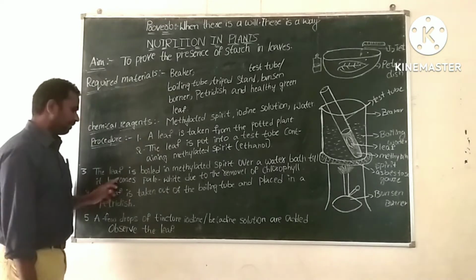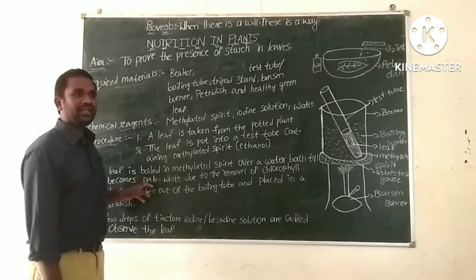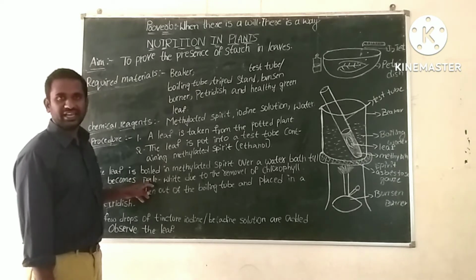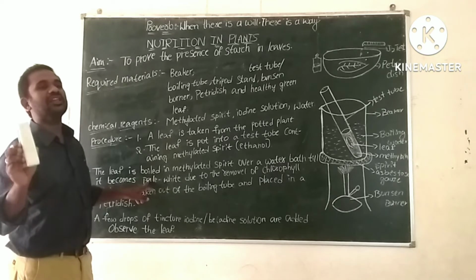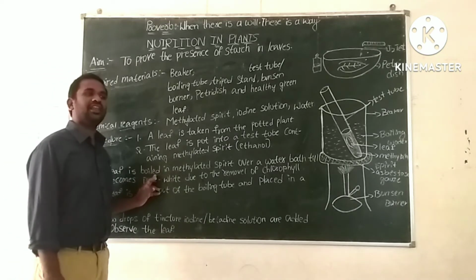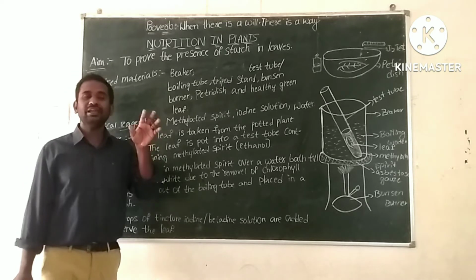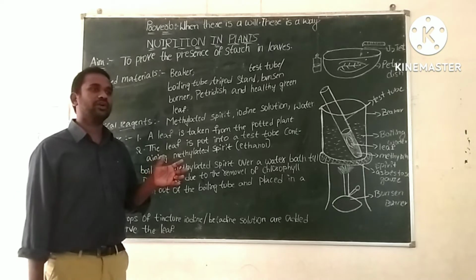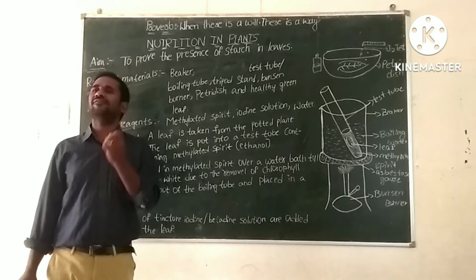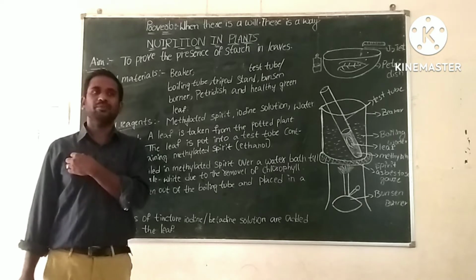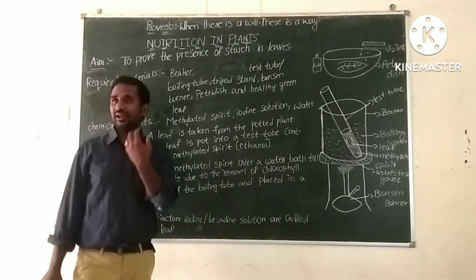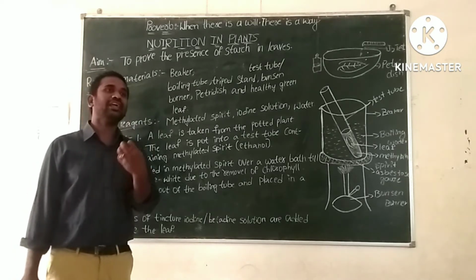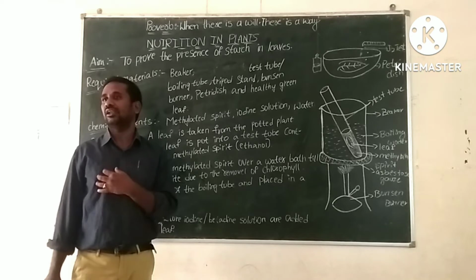When you boil the water, the leaf in the methylated spirit turns a pale color. It means the green pigment present in the leaf is denatured. Why? If we use the green leaf for starch identification, we cannot get a good result, because the blue-black color is not visible against green.